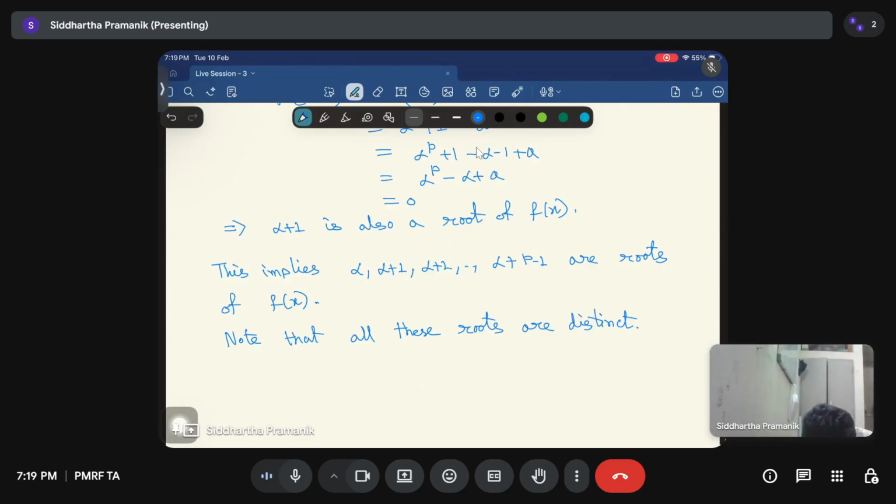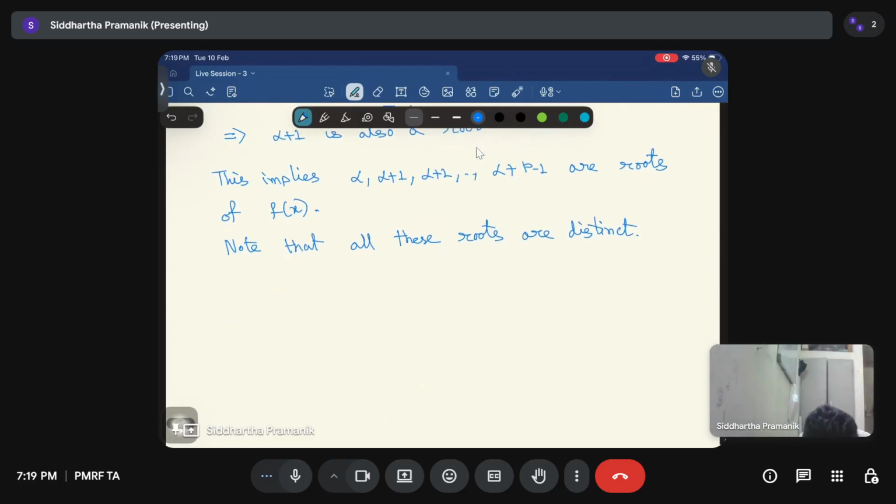And since the degree of f(x) is p and it has p distinct roots, f is separable. So all roots have multiplicity 1. It has only simple roots. So thus f is separable over F_p.